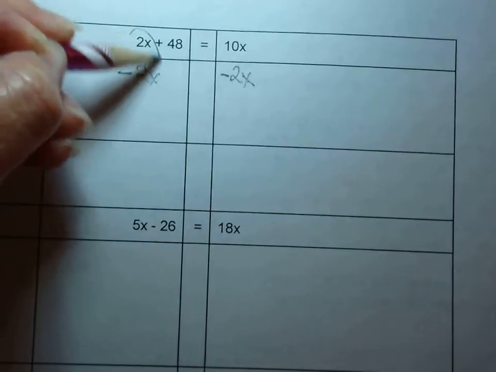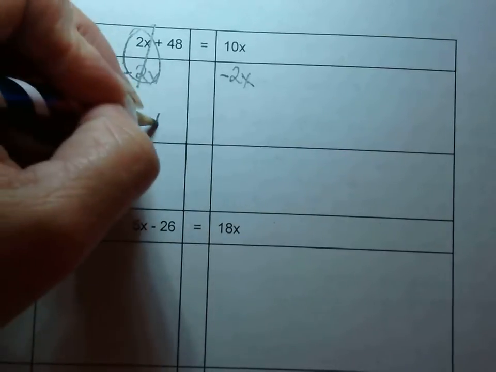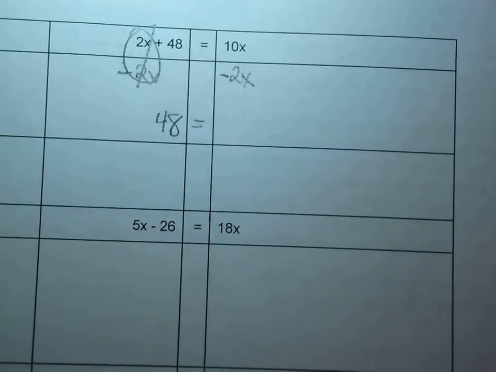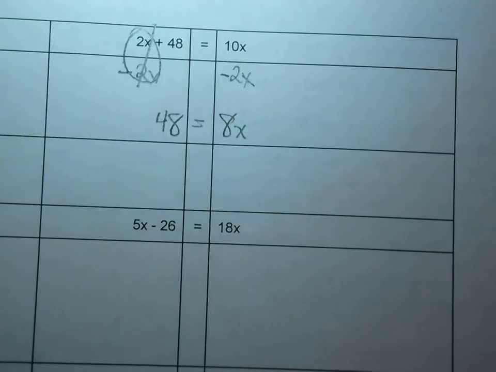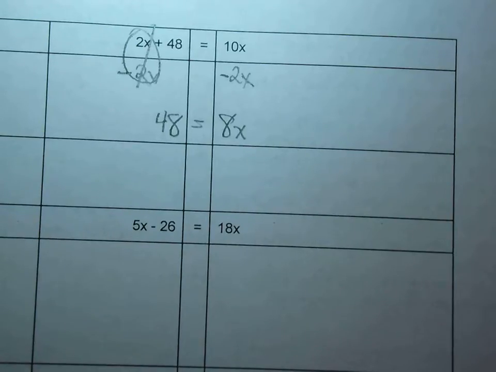So positive 2x minus 2x leaves me with just 48. What is 10x minus 2x? 8x. Elijah, what's our next step?